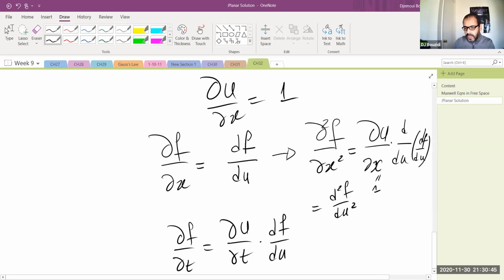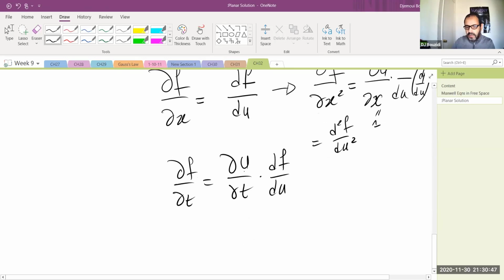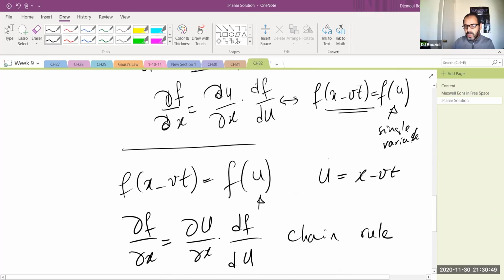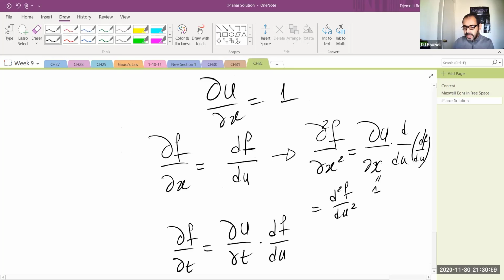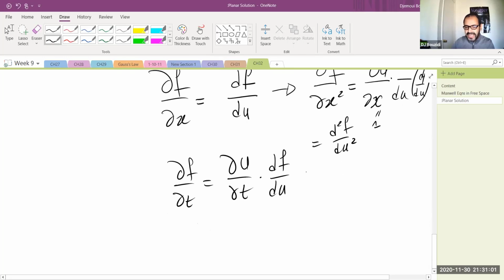So in this case, du with respect to dt is actually not equal to 1 now, it is equal to minus v, as you can clearly see from here. So I'm going to plug in this number and say this is equal to minus v df with respect to u.